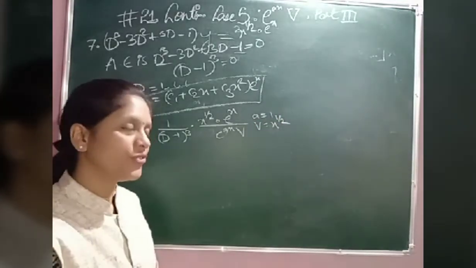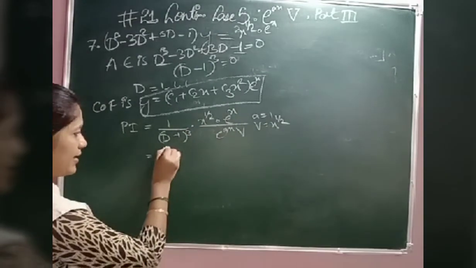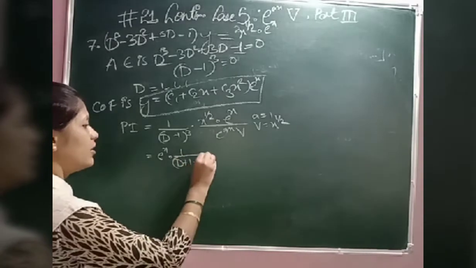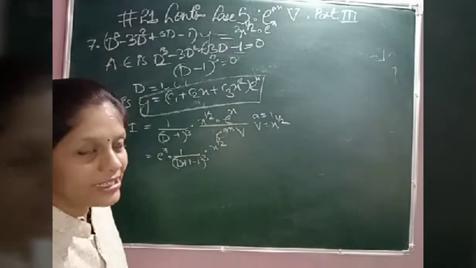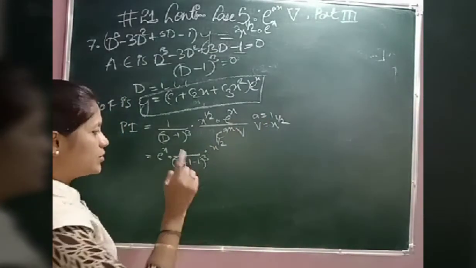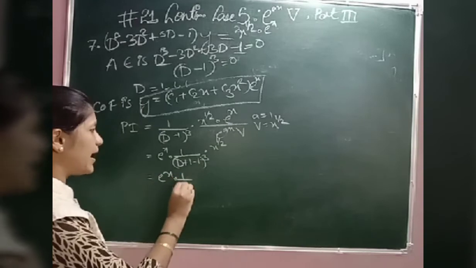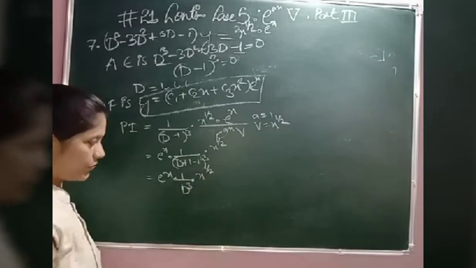So, v is a function of x. This can be solved as e raised to ax, 1 by D plus 1 minus 1 whole cube, x raised to 1 by 2. Wherever D is there, D plus a, D plus 1. So, plus 1 minus 1 gets cancelled. E raised to x, 1 by D cube, x raised to 1 by 2.